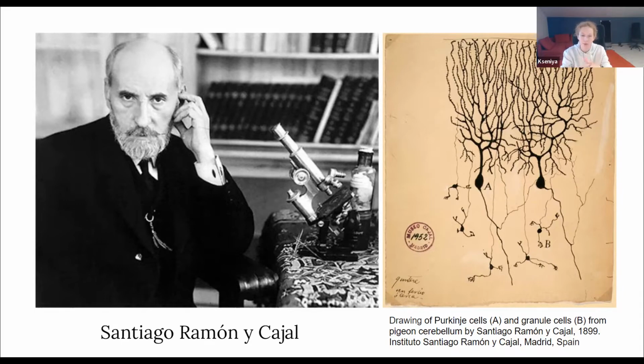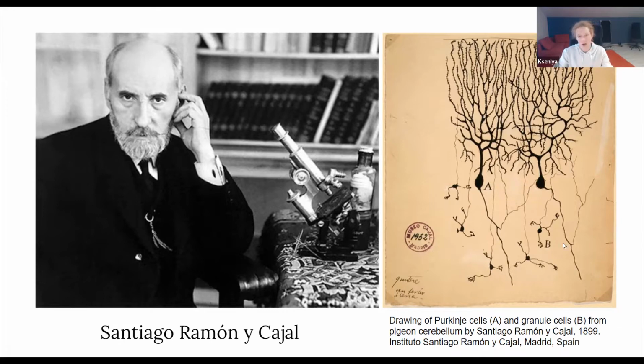At the same time, Golgi was an opponent of the cell theory, and Santiago Ramon y Cajal was its supporter. Interestingly, in their Nobel speeches in 1906, these two people presented opposite theories.